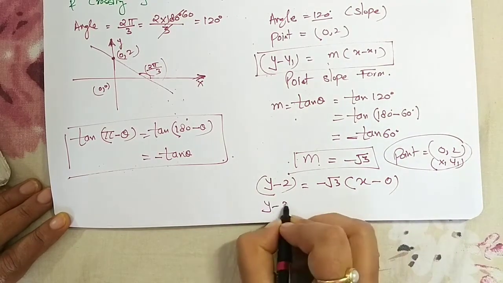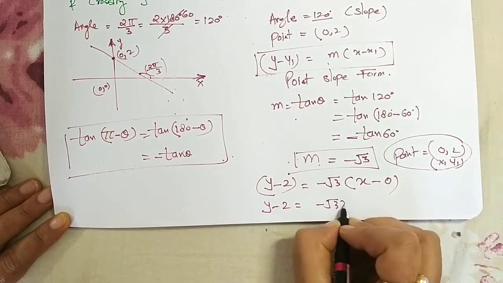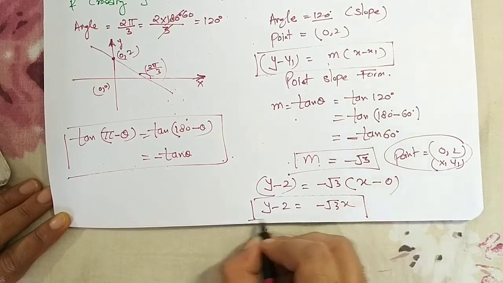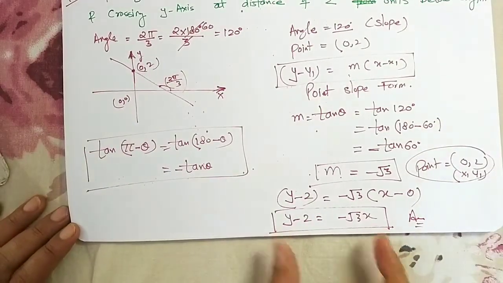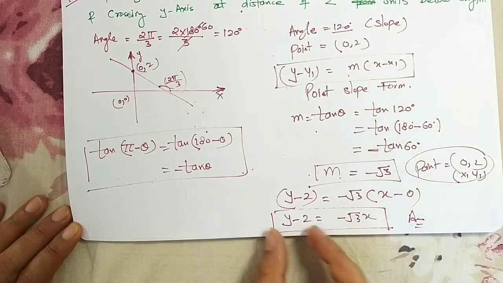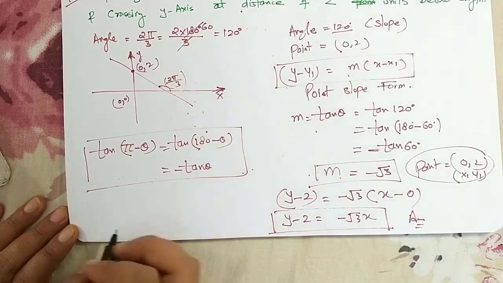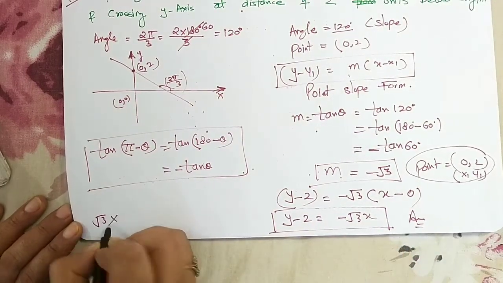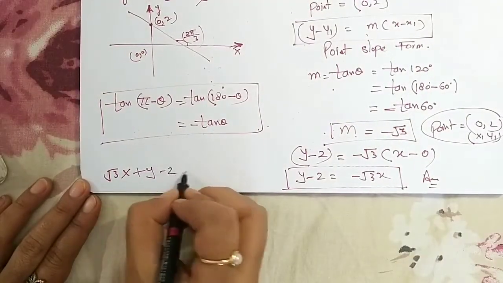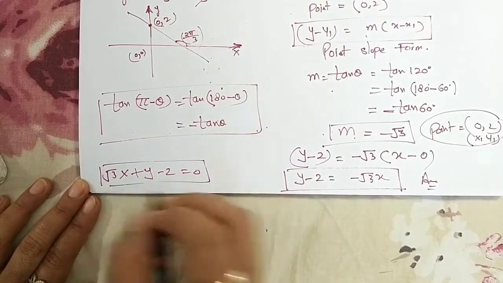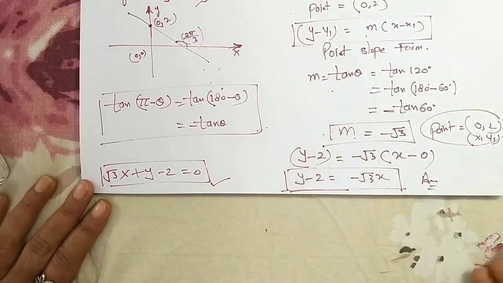So can I write y minus 2 equals minus root 3 x. This is my final answer. If you want, you can take x to this side in order to make everything positive. So it will be root 3 x plus y minus 2 equals 0. So this is my answer, or this.